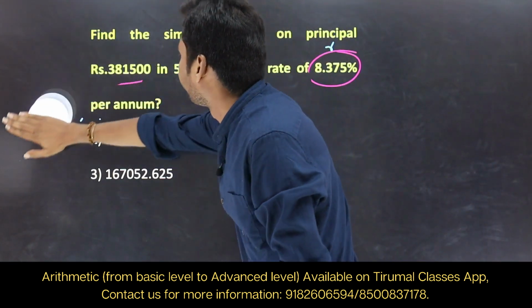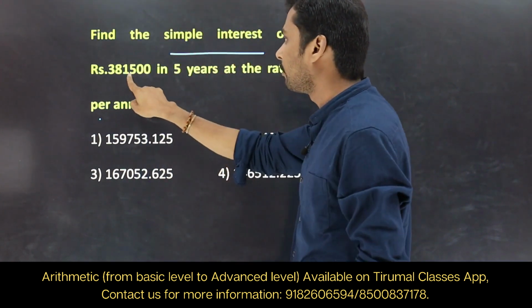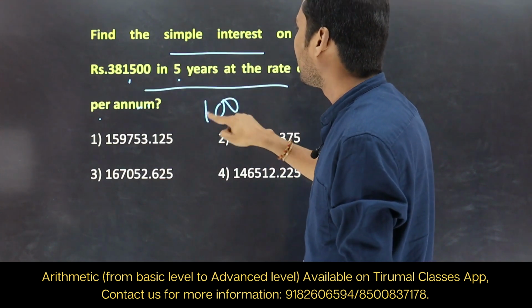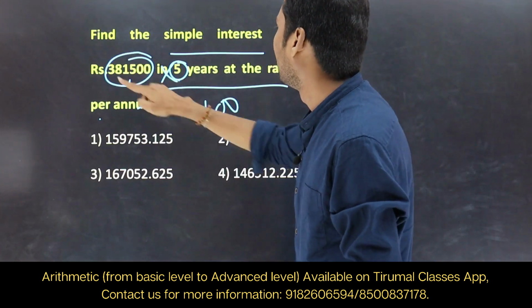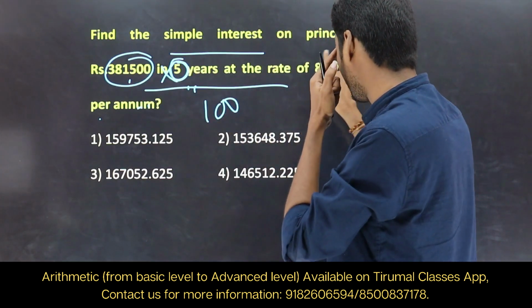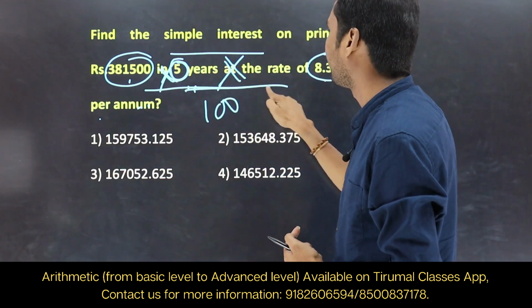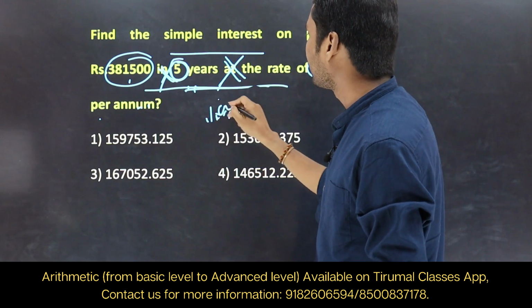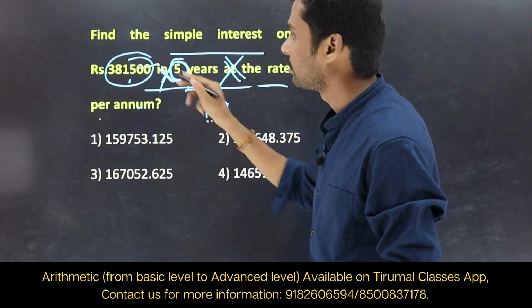Anyway, we know the formula here. Simple interest formula is what? Simple interest is equal to P into N into R divided by 100. This value is the P value, this is the N value, and this is the rate of interest. So this value into this value into this value divided by 100, right? Here we can cancel out these two zeros.